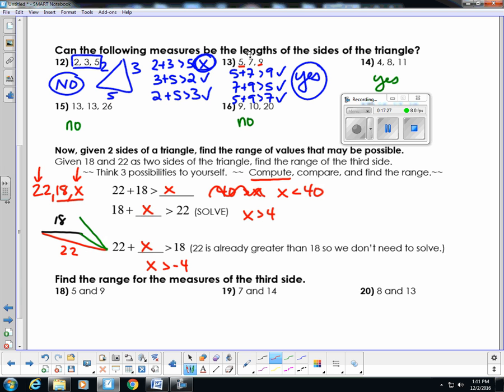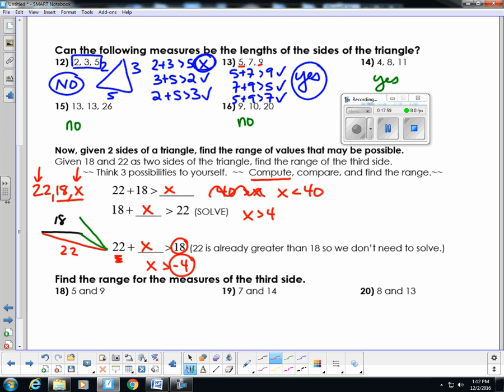If we look at our numbers here, think about this. Can we have a side length that's negative? No, we can't. The other thing to look at is exactly what's said in the parentheses there. 22, this number right here, is already greater than 18. We don't need to add anything to it.